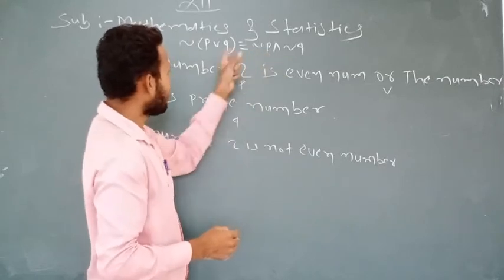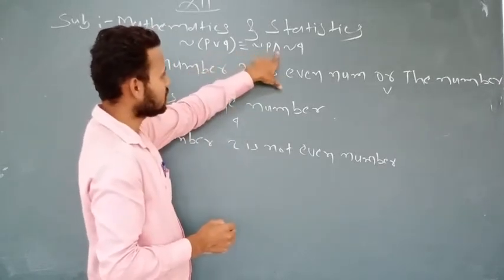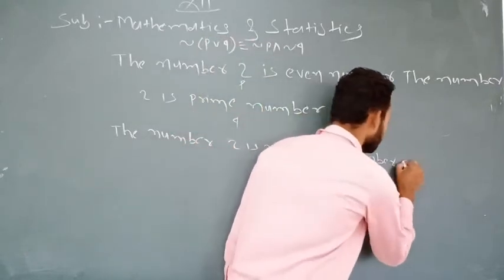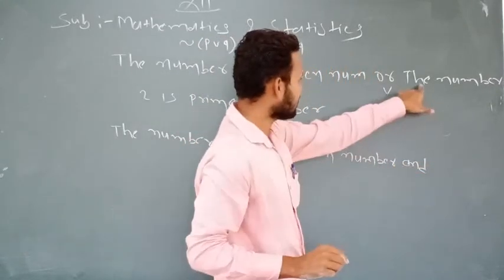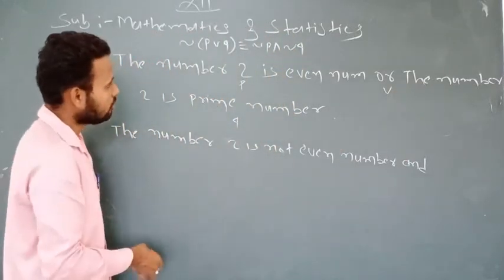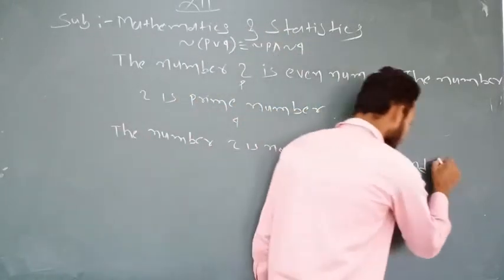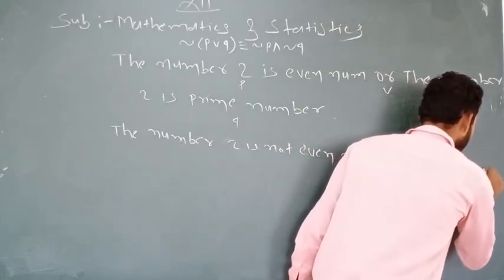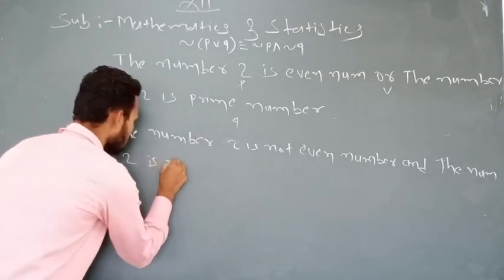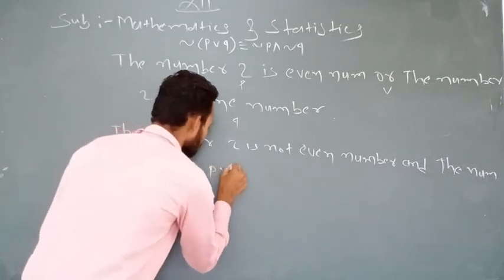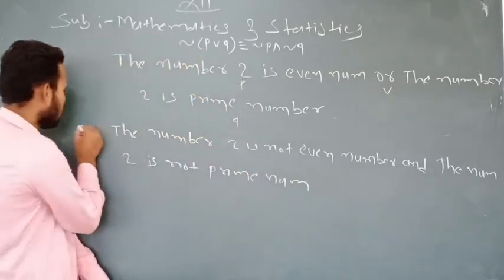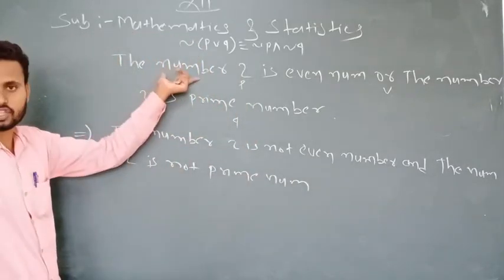That is the negation of P, and in place of disjunction we write conjunction, and. Then take the negation of Q, the number 2 is a prime number. Therefore its negation is the number 2 is not a prime number. This is the required negation of that compound statement.